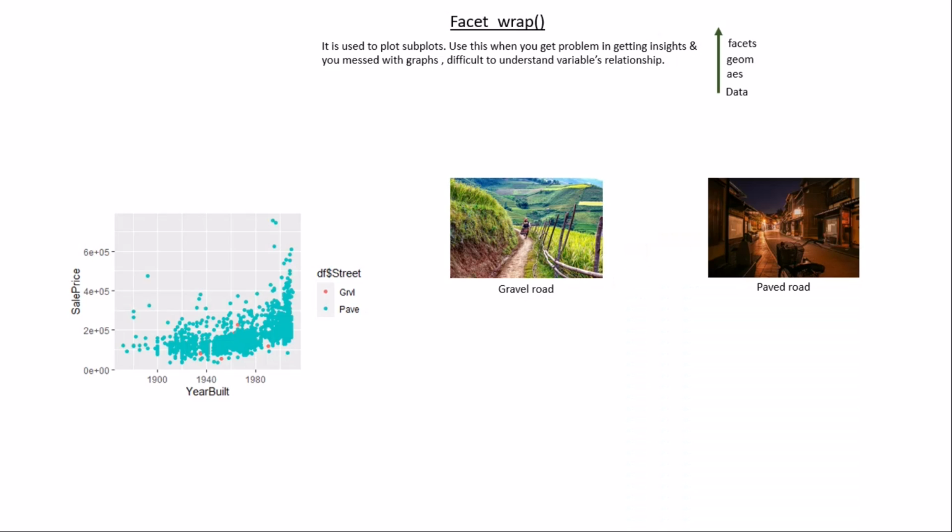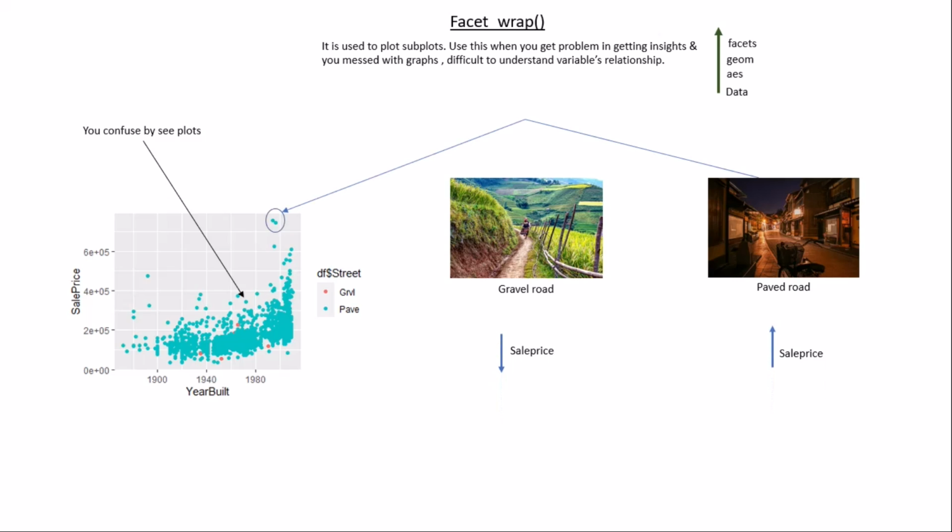So it is very obvious that if the street is paved, the sale price of the house is high. This is a very basic thing. If you see in the graph, this point refers to a paved road with a high sale price of house.